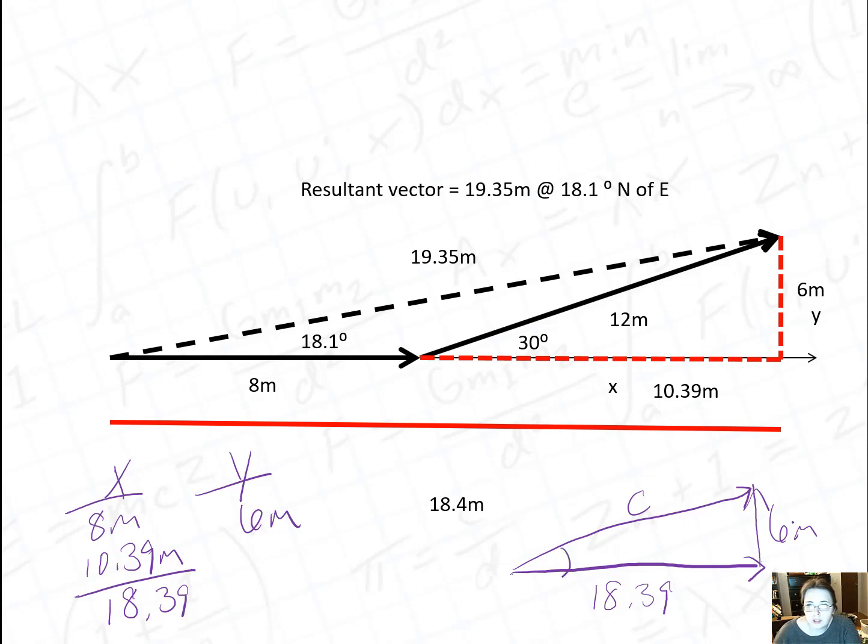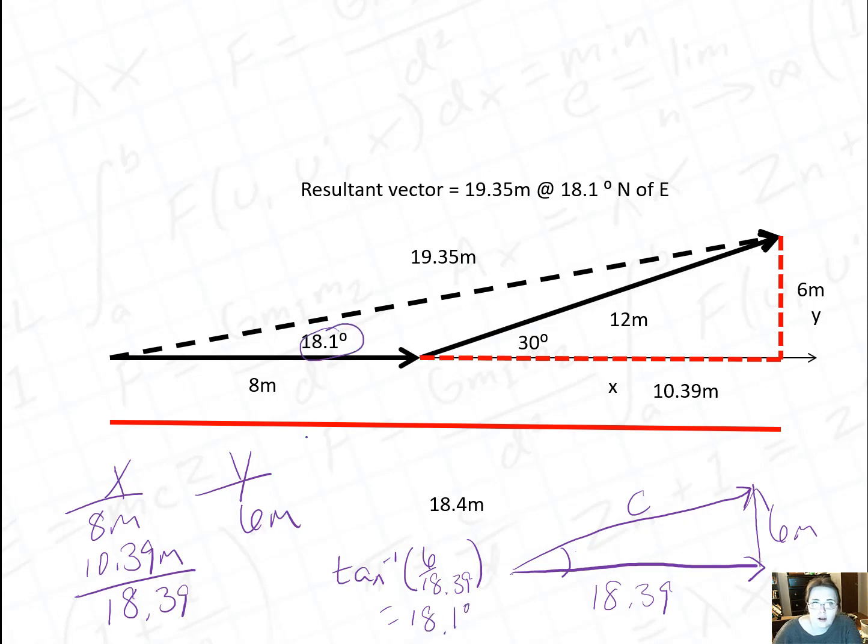To do that, it's going to be opposite over adjacent. So that's tangent in order to get this angle right here. So we can say inverse tangent of 6 over 18.39. And that gives us the 18.1 degrees right here.